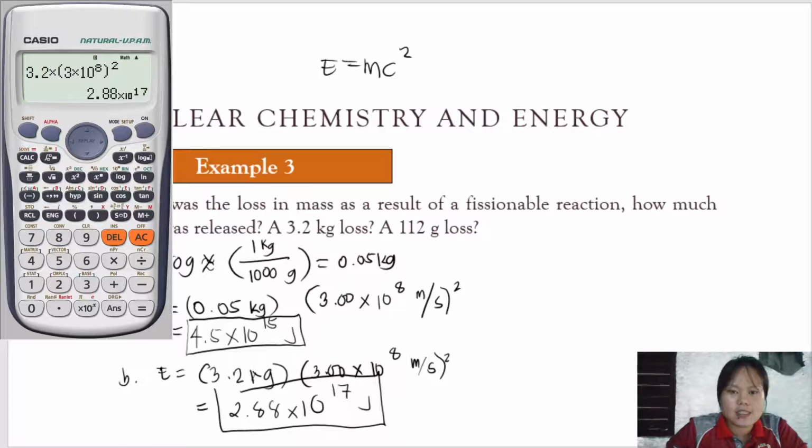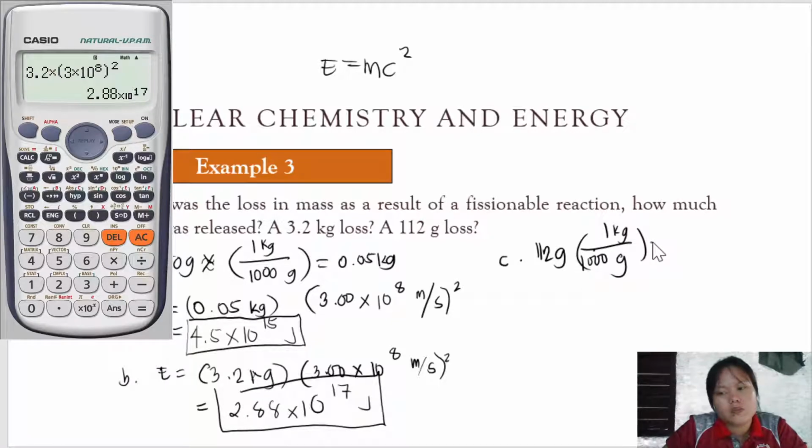Okay, next, lastly, we have 112 gram law. So, it's somewhat the same with the first one. Convert the 112 muna to kilogram. Use the calculator na lang para mabilis. Okay, that's 0.112 kilograms.